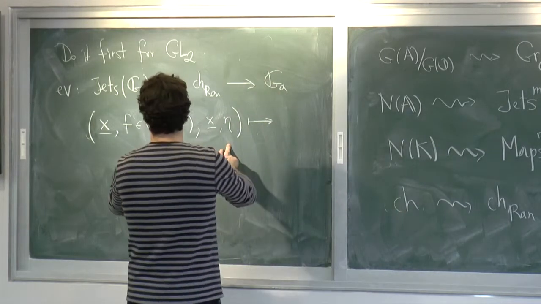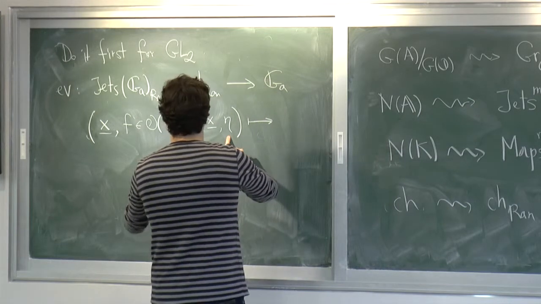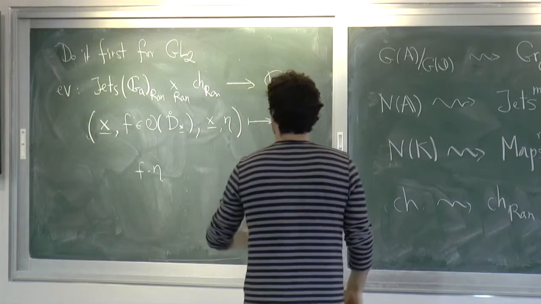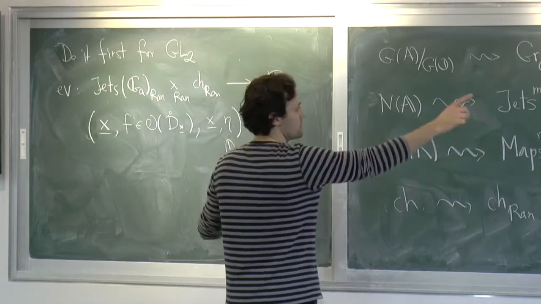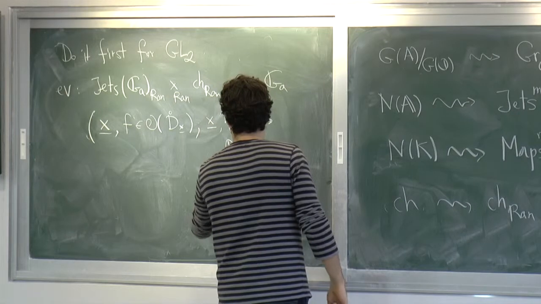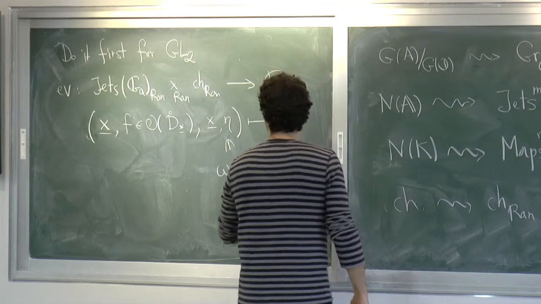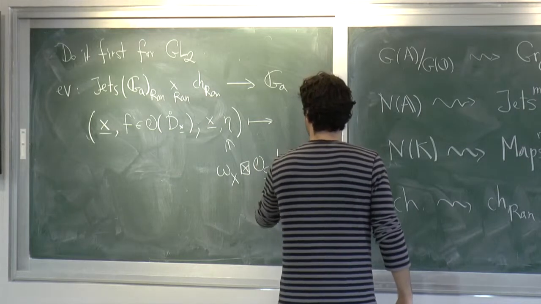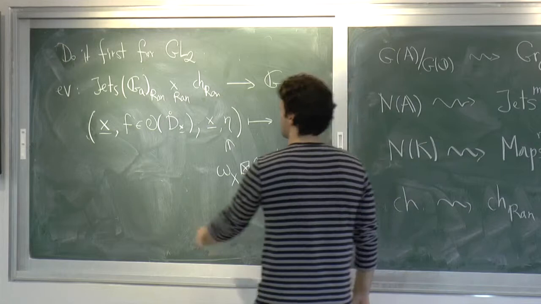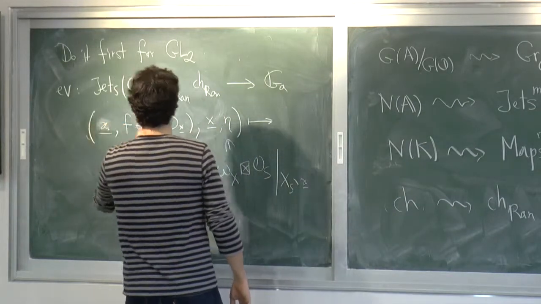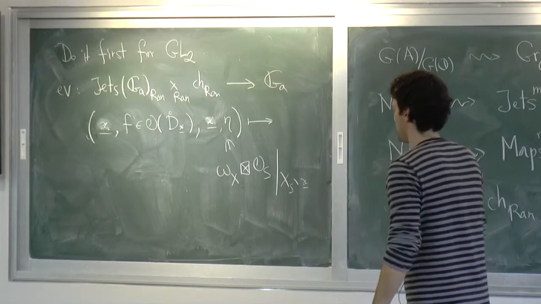I have a function on the punctured disk. I have a one-form. So let me say explicitly what it is. Eta is just an element of omega_X boxtimes O_S restricted to the complement of those points, x. So what can I do?